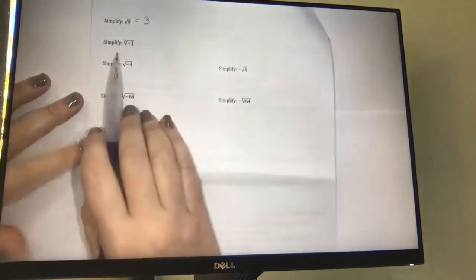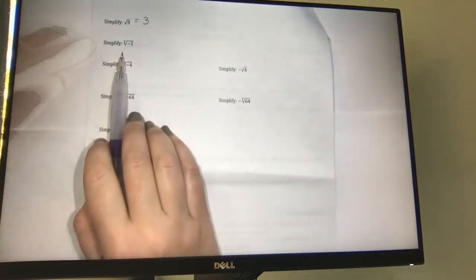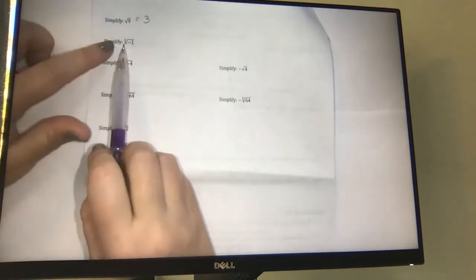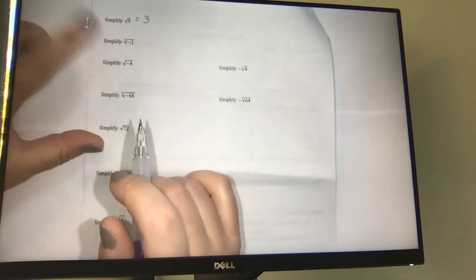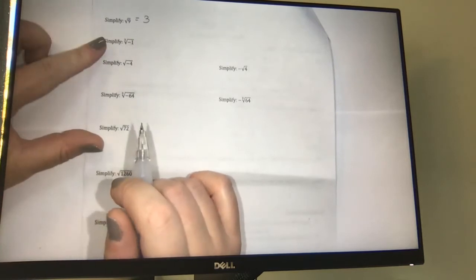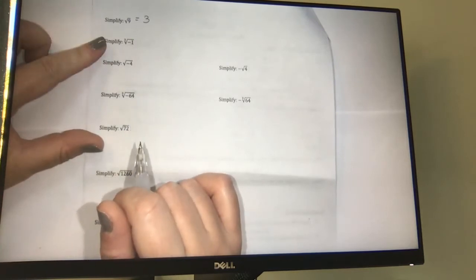All right, now I'm looking at my next one and I see a negative radicand. So I'm going to stop for a minute and look at my index. If my index is even, not a real number. If my index is odd, I'm okay. I can keep going. So my index is odd, so I can keep going. What's going to be the cubed root of -1? -1.